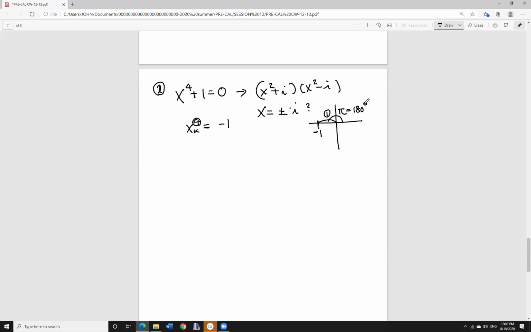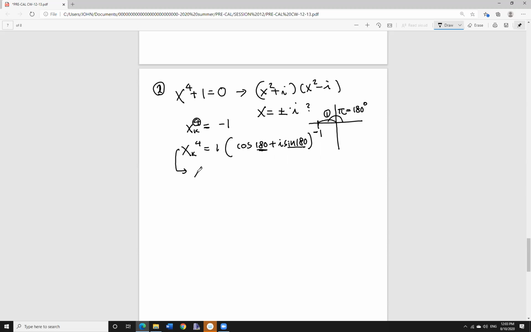180 degrees. Now write down x to the k, the fourth root of negative 1, equals 1 times cosine 180 plus i sine 180. Now change it into the general expression for the angle.